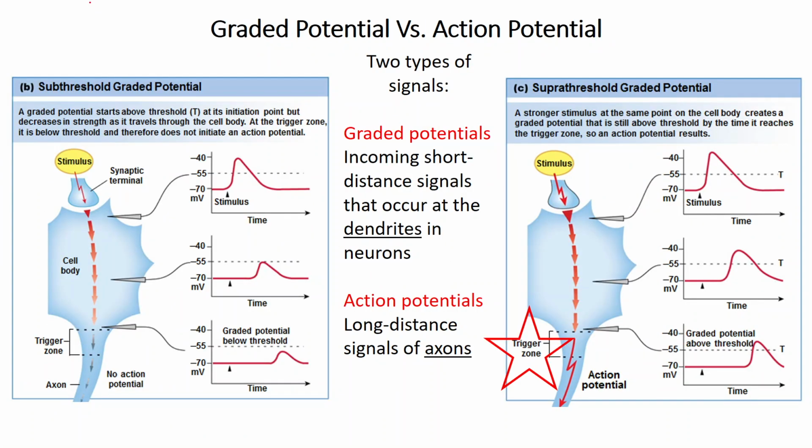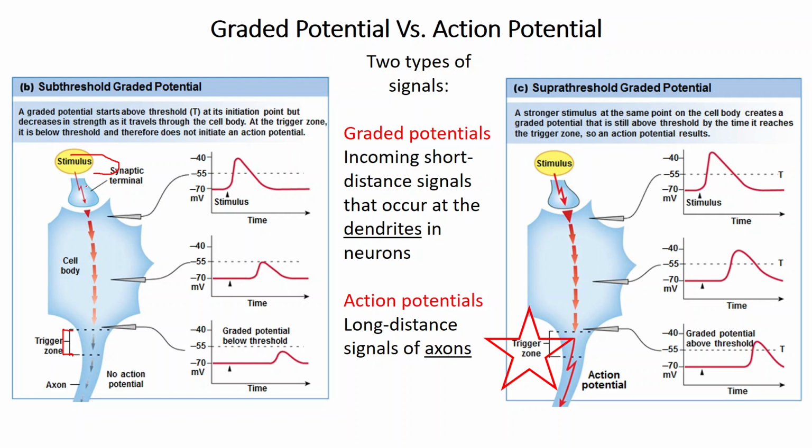So when there is a stimulus, here we have a stimulus, and if the stimulus was not big, it has depolarized the receiving neuron and created some graded potential, but the graded potential that was created is not big enough to reach the trigger zone, the axon hillock.